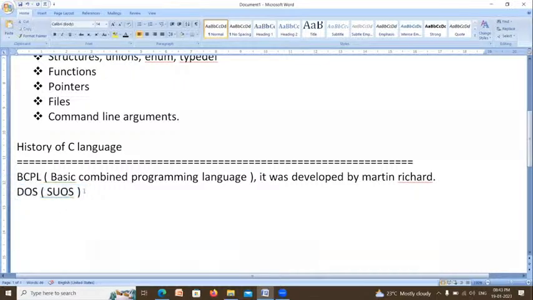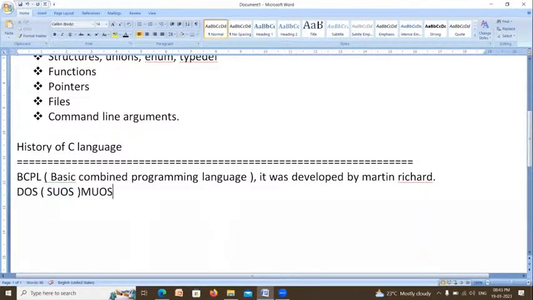Multiple users cannot use this operating system. A single user operating system is not sufficient for multiple users. So they needed to develop a multi-user operating system.